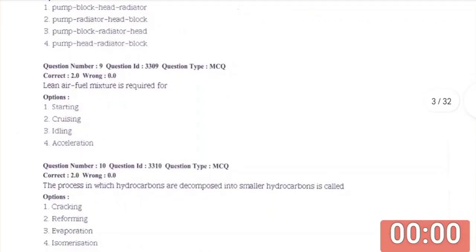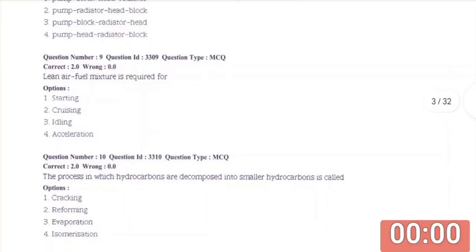Question number 10. The process in which hydrocarbons are decomposed into smaller hydrocarbons is called: option 1, cracking; option 2, reforming; option 3, evaporation; option 4, isomerization.